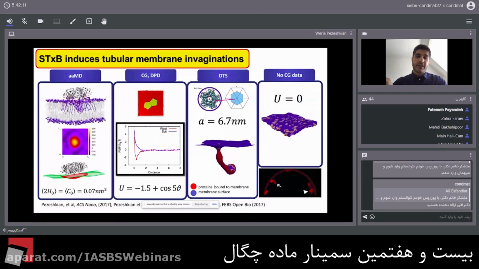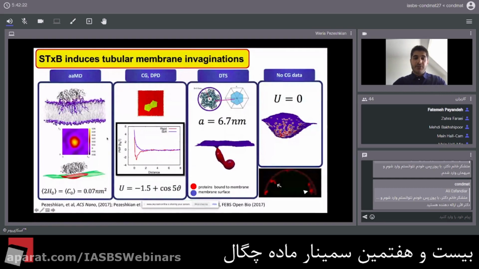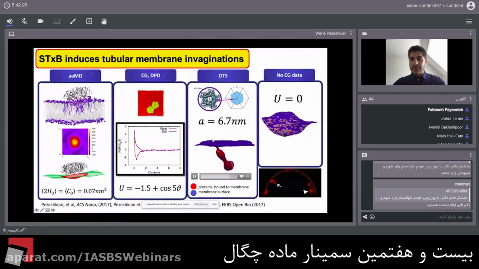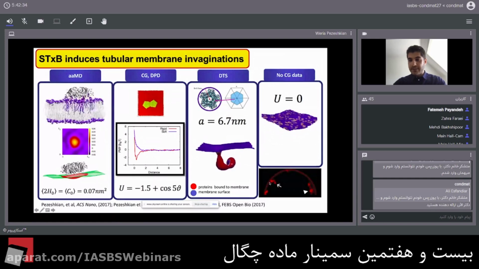It doesn't arise from quantum fluctuation, but from the fluctuation of the membrane shape. And then when we load these two pieces of information into these dynamically triangulated surfaces, you see that this tubular invagination forms, which is very close to what you see in the experimental setting.